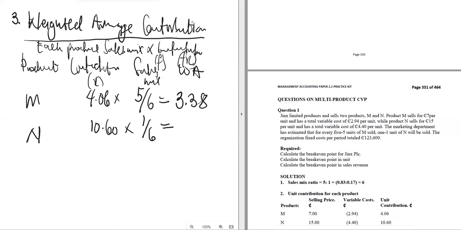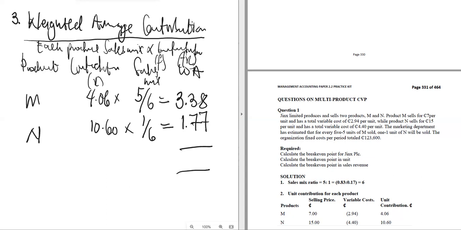Then the 10.6 by 1 over 6 gives us 1.77.